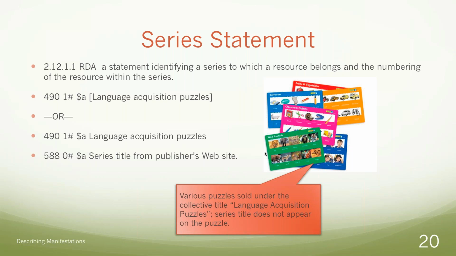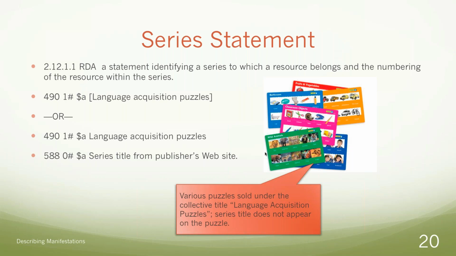So the series doesn't appear on the puzzle. And so according to RDA, we should supply that series title in square brackets in the 490 field. So that's what we would do, is use square brackets. That's the general practice. If that bothers you in any way, it's also acceptable to provide a note instead.